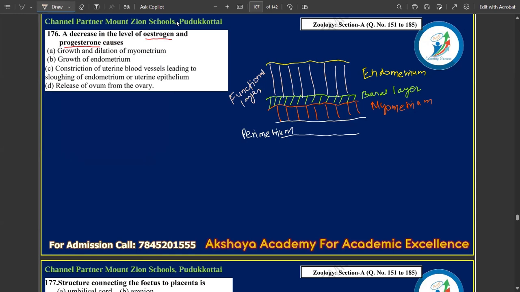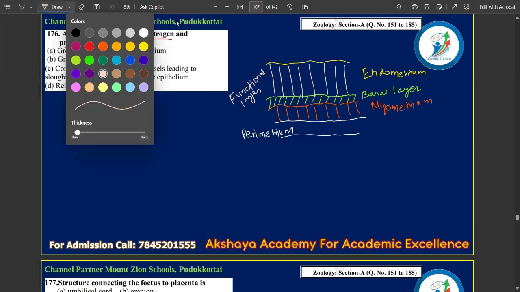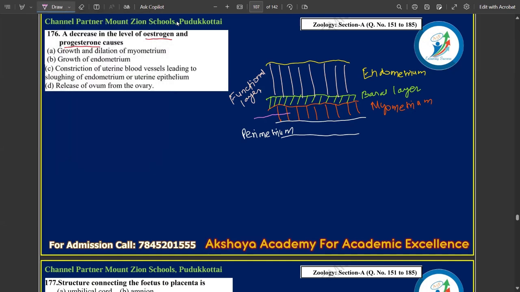Functional layer. Now these layers are supplied with blood so that they can grow. And the artery which supplies them the blood is known as spiral artery. The spiral artery provides the blood supply, so the oxygen and nutrients are supplied to the endometrium for the growth. When there is a depletion in estrogen and progesterone, the vessels which are supplying the oxygen and nutrients through the blood get constricted.